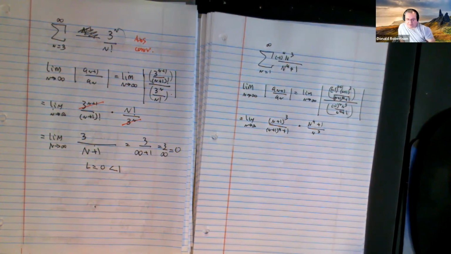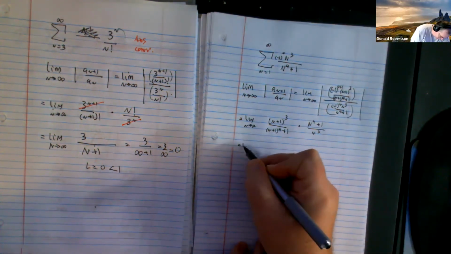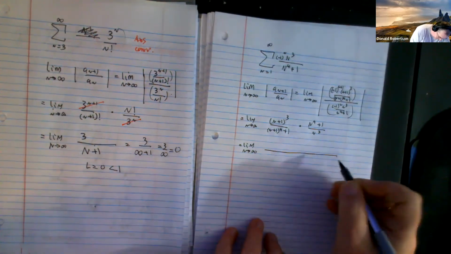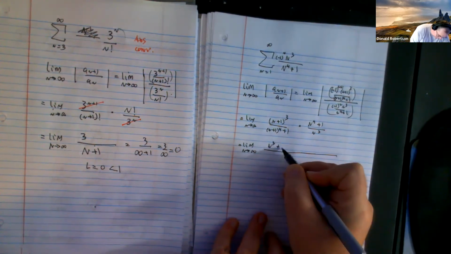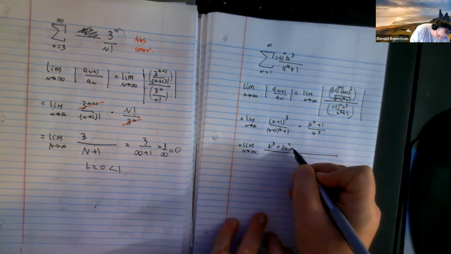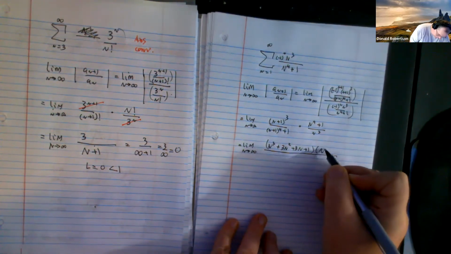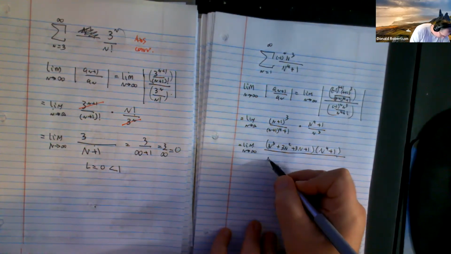Right. Now, this horrible guy, and I wish I'd chosen smaller powers, but I've committed, so I'm going to do it. This guy becomes n cubed plus 3n squared plus 3n plus 1. You're just going to have to trust me on that. This guy is going to be n to the 4 plus 1. This fella is going to be n squared.